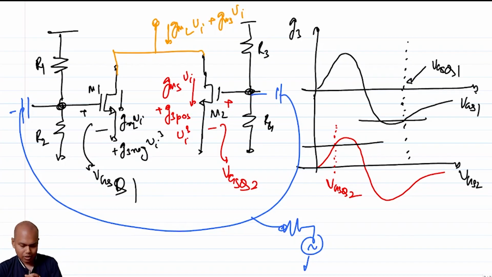So there are n number of ways of picking different techniques: sometimes feedback, sometimes feed forward, sometimes derivative superposition. There are many ways of trying to mitigate distortion.